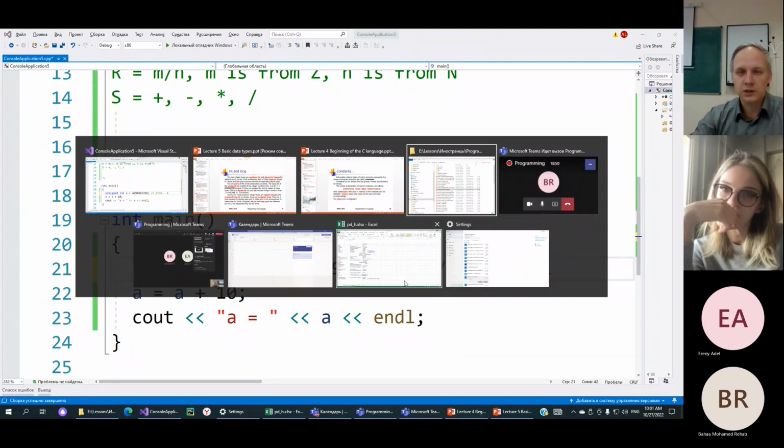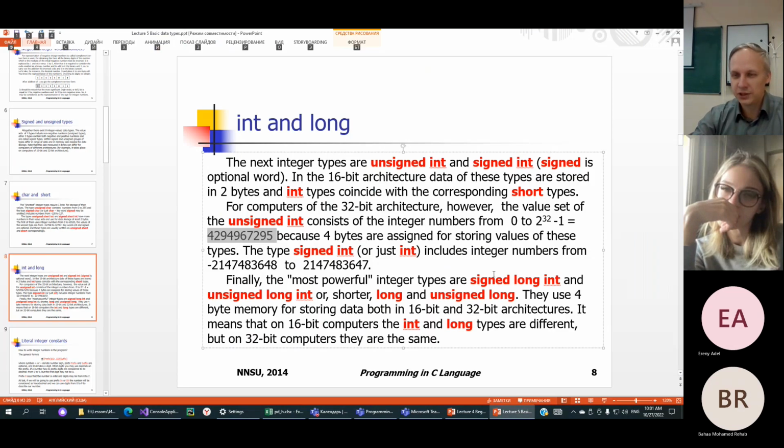It's also written in my presentation that the range of representation of unsigned int starts from 0 up to 2 power 32 minus 1.